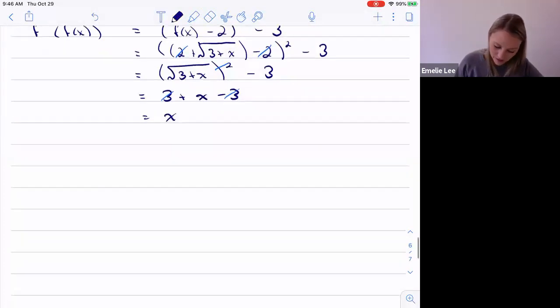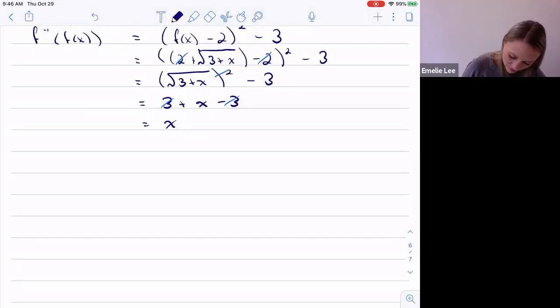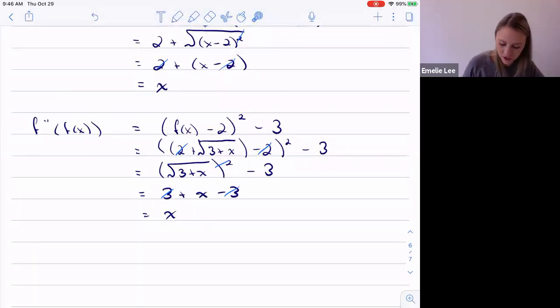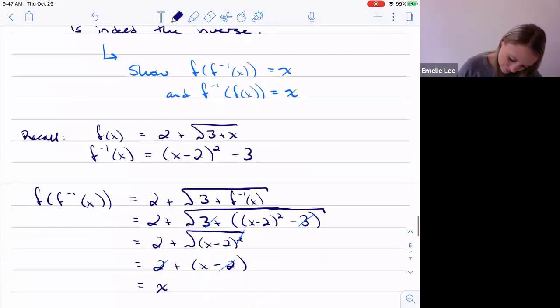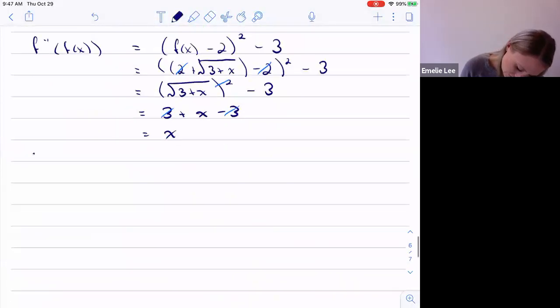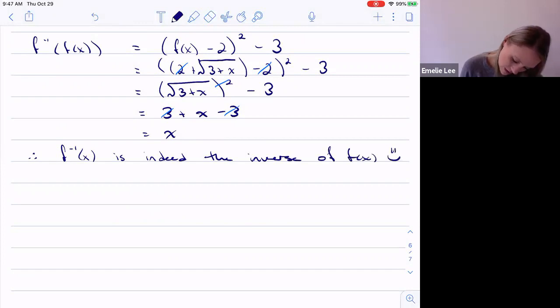Okay. So therefore, since we were able to show that both of these equal x, that shows the inverse we found is indeed the inverse. Therefore, f inverse of x is indeed the inverse of f of x.